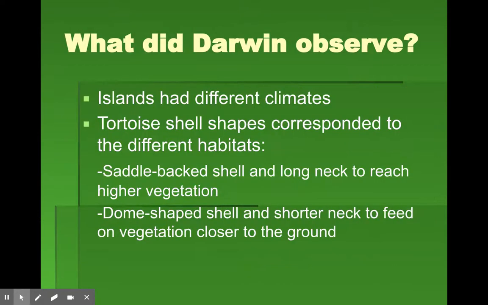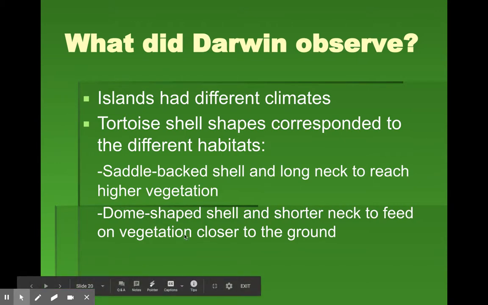Another example that he saw is that islands had different species. He also looked at tortoises, which we'll see here in a little bit. The shape of the tortoise shell corresponded to the different habitats that the animals lived in. With a saddleback shell, which we'll see here in a little bit, and a long neck, these animals were able to reach higher vegetation. Those species of tortoise lived on an island where food was higher up, so they had to have that long neck in order to reach food located up in the higher trees.